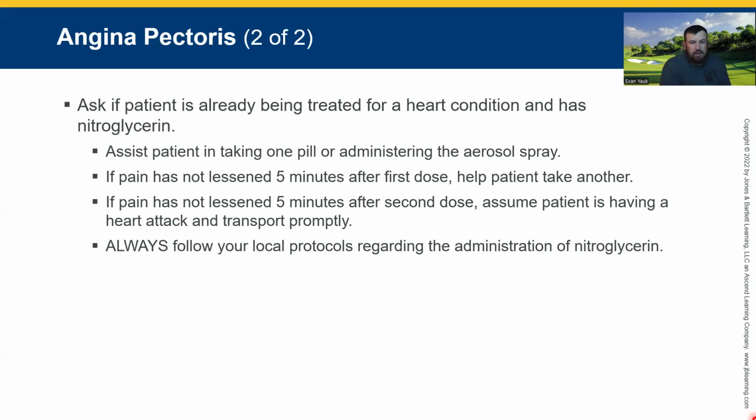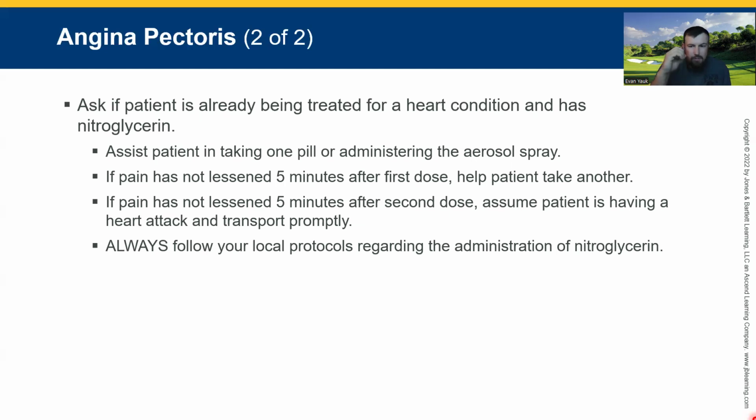Something we need to look at when we're talking about nitro is, if you're going to give nitro, you need to make sure that systolic blood pressure, that top number, is above 100. What nitro does is it goes in there and causes the arteries to open. If you'll remember, blood pressure is the amount of pressure on the artery.